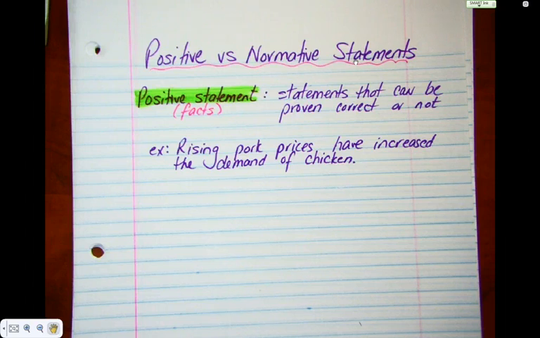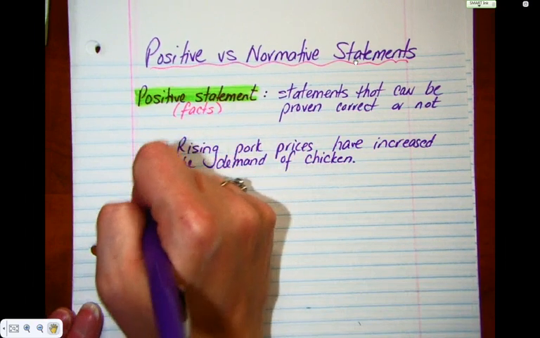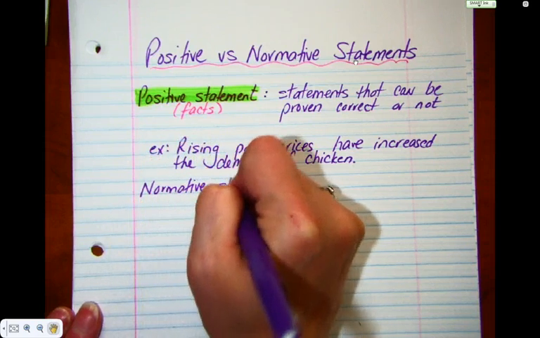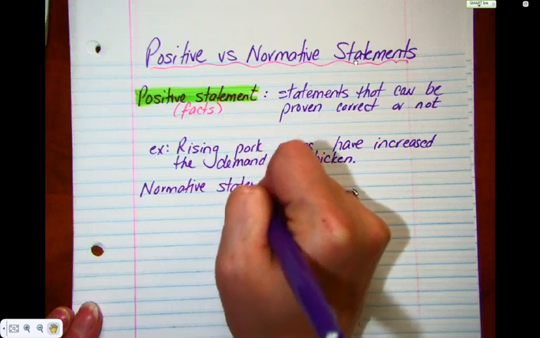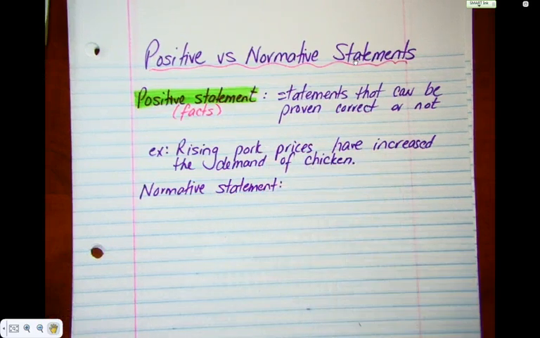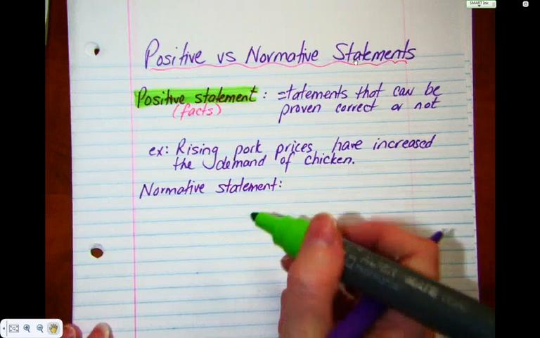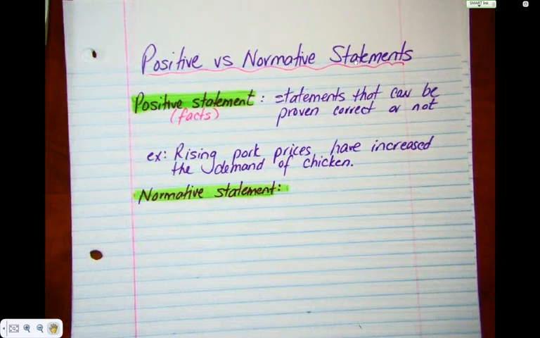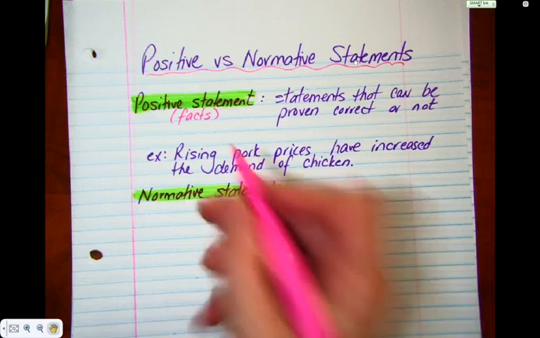Yep, you're right. So opposite of that is called a normative statement. So in English, positive statement you call fact, normative statement.